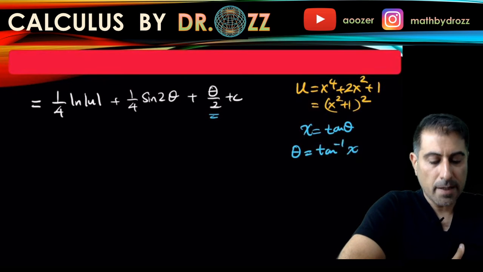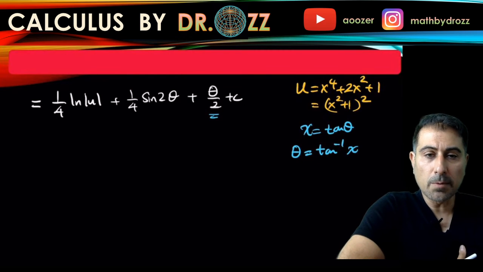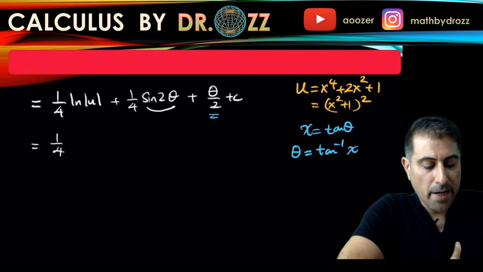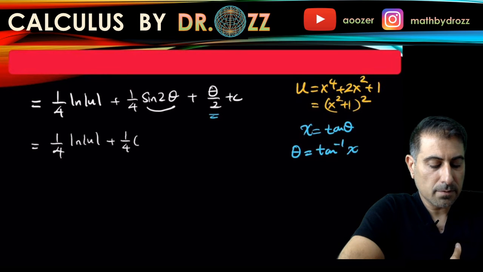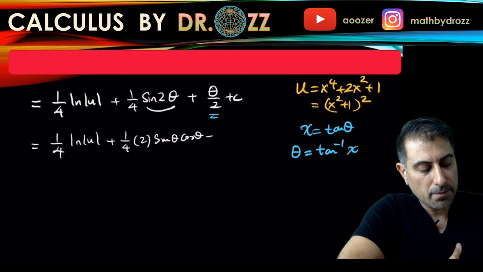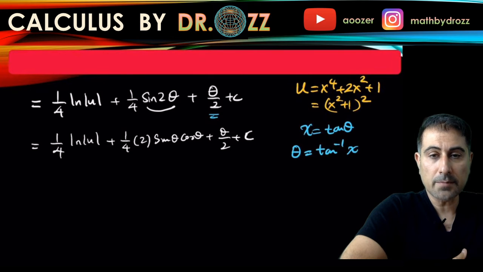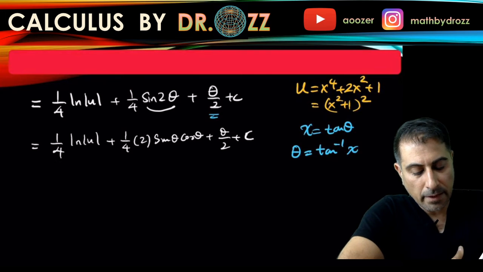Okay, and also I have sine 2 theta here, so why don't we use the double angle formula for that purpose, because we will also go back to the triangle to simplify that. Okay, there we go. If you use the double angle formula for sine 2 theta, that's 2 times sine theta cosine theta. Okay, let's try to back substitute now.